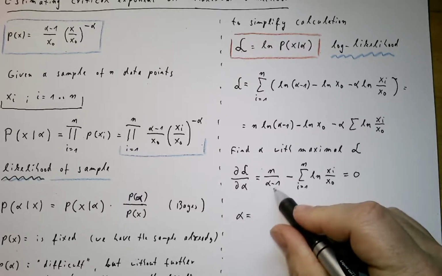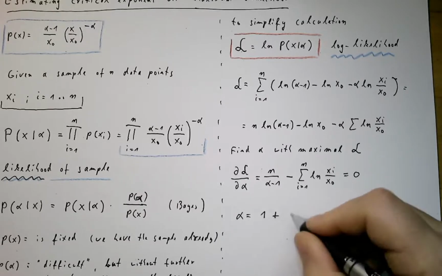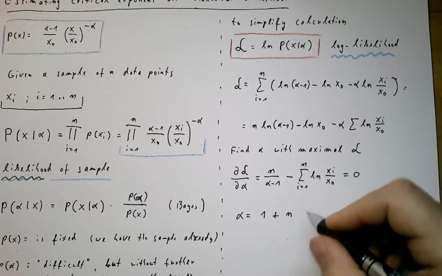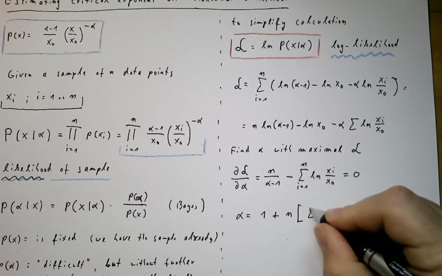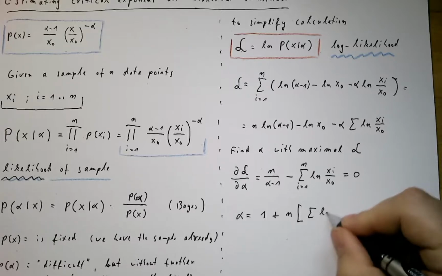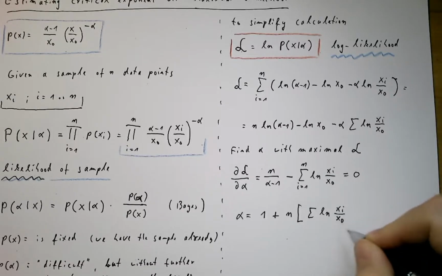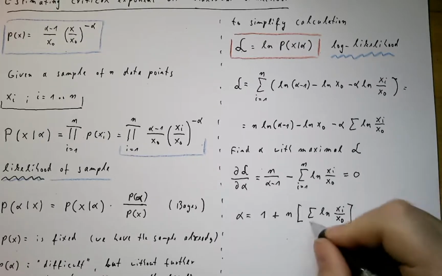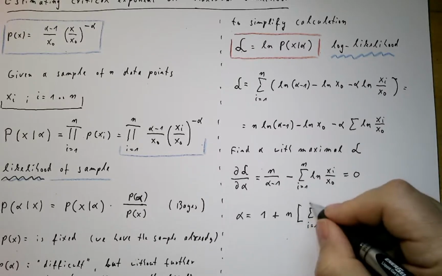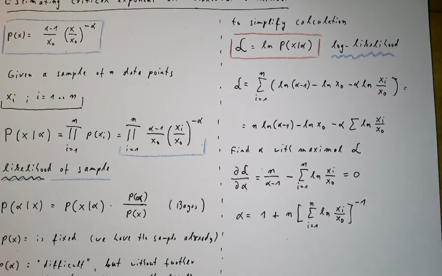And if we solve this for alpha, then alpha is given by 1 plus n times the sum of the logarithm of xi over x0, the sum running from i equal 1 to n, and the whole thing to the power minus 1.